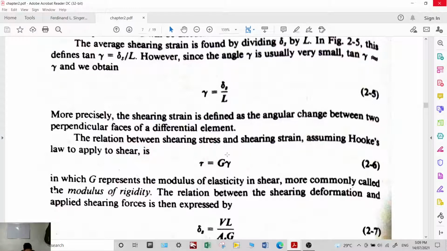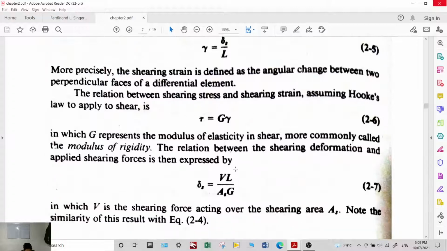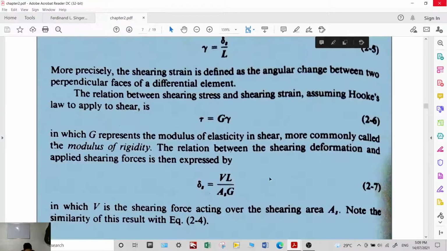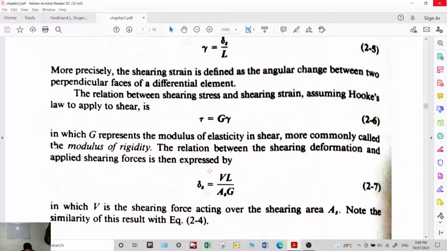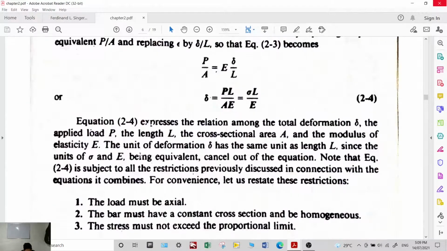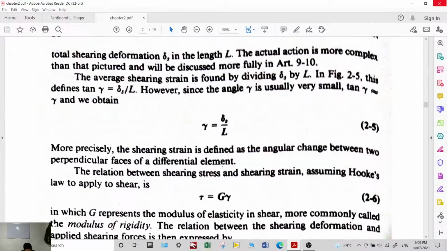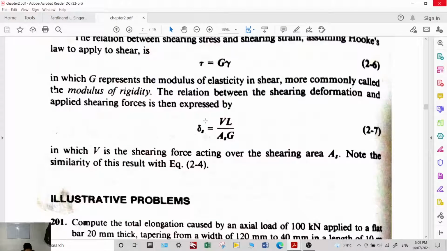This is almost the same in form as our Hooke's law: stress is just equal to modulus of elasticity times strain. And if we look for the counterpart of that equation for shearing deformation, it would be this one. Delta S is just VL over A_S G, where V is the shearing force, and A_S is the shearing area.